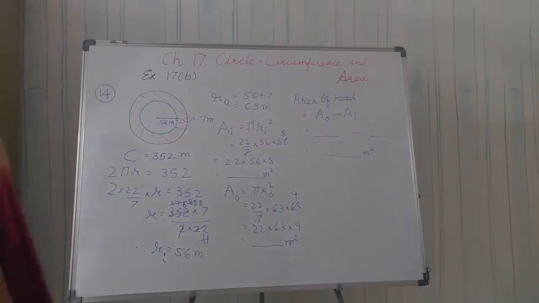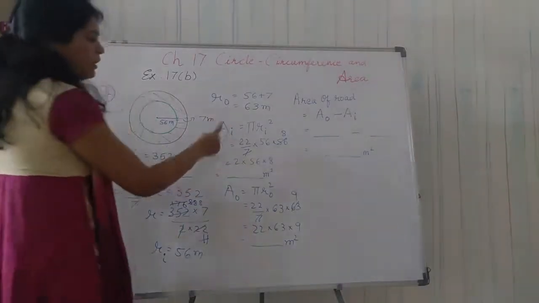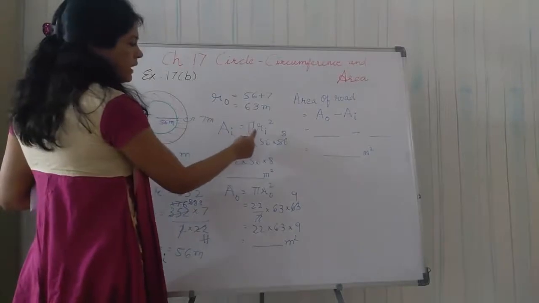Now what we have to do to get this area? We have to take the inner area and the outer area and then subtract them to get our answer, that is the road area.